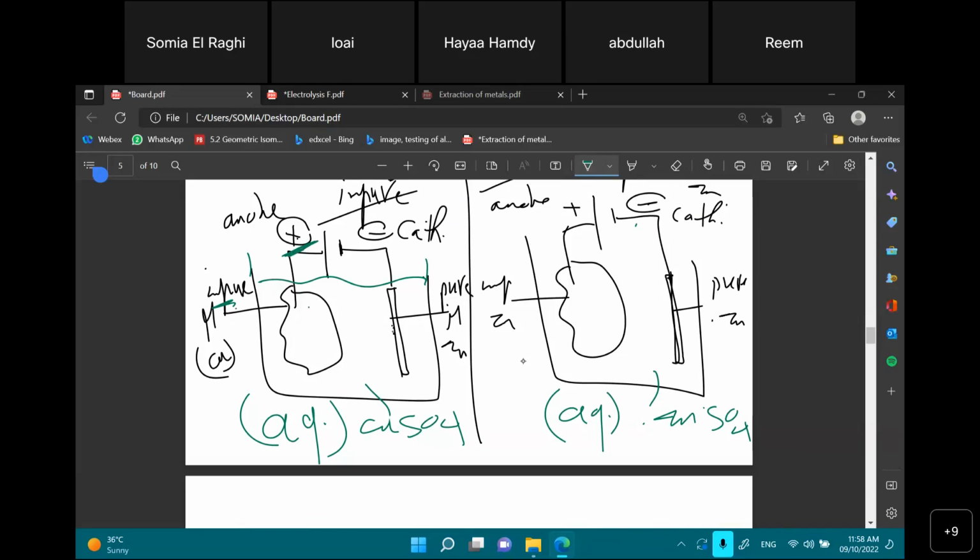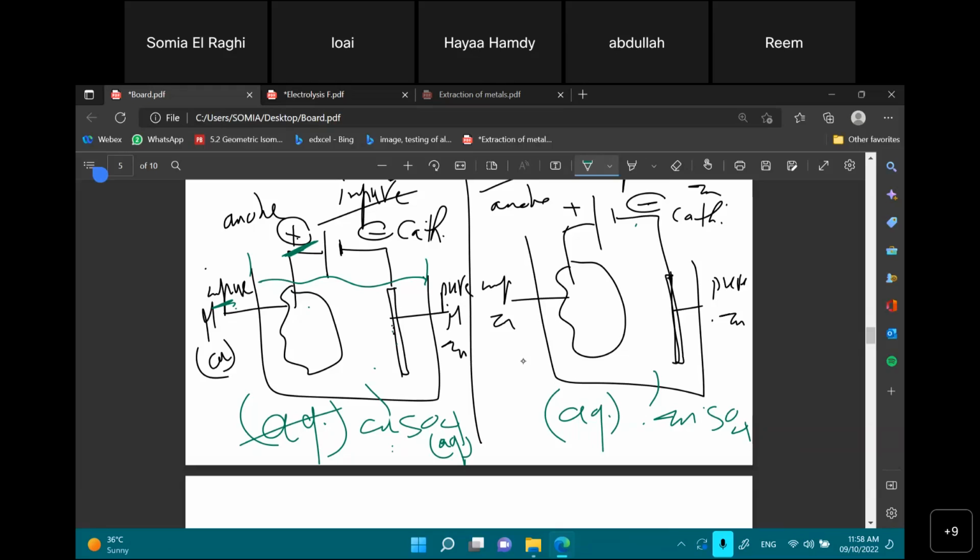Well, the pure metal gets a very thin layer; where it comes from is not our problem. It is at the cathode area. And what is the electrolyte? It will be aqueous copper sulfate, or you may write copper nitrate. We will study a solubility chart later on, because I need the ions to be free to move.